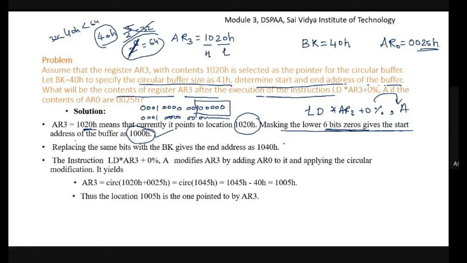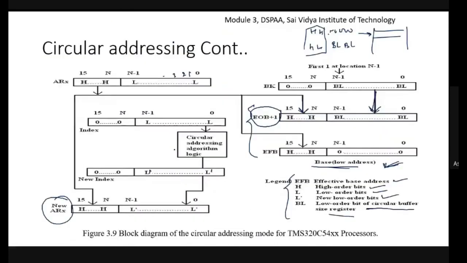So what do we have in the BK register? The BK register has these bits: 0000 0100 then 000. So when we replace these bits with this, what we are going to get is the end address. The end address that we calculated here: the end address of the buffer is equal to the higher order bits, which we take from the ARx register, and the 0 to n minus 1 bits of the BK register will be taken.